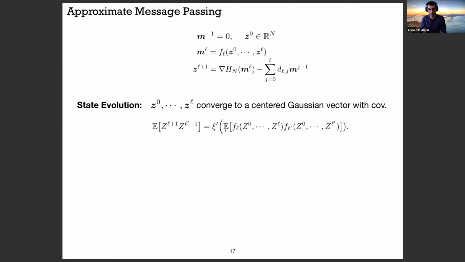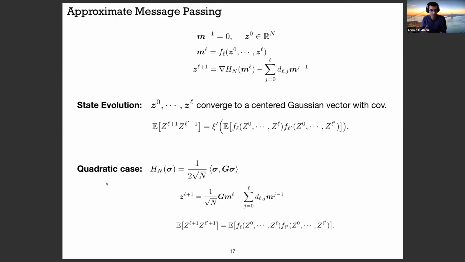So it's psi prime of the expectation of FL times FL prime at the next step. So by designing these functions f, you can give whatever covariance you want to this Gaussian process. This gives you a huge amount of choice, a lot of freedom in designing whatever Gaussian process you would like out of this algorithm.